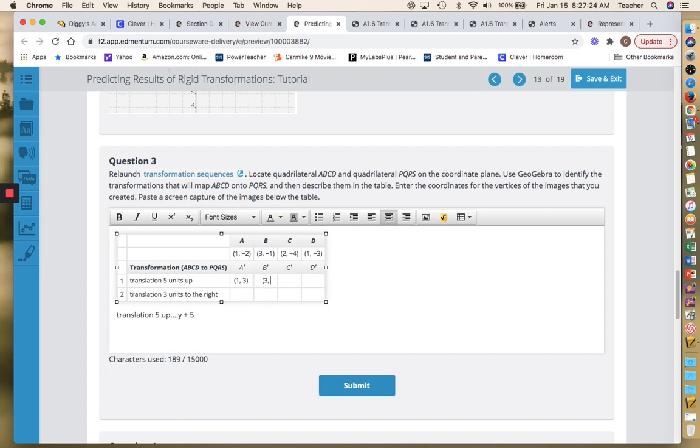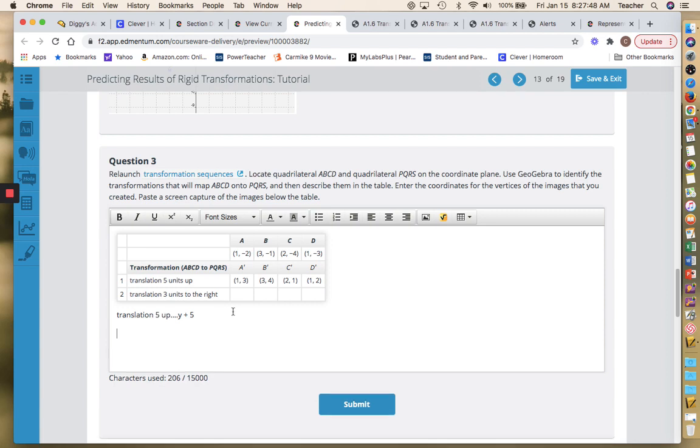The next one, 3 stays the same: -1 plus 5 is 4. This 2 stays the same: -4 plus 5 is 1. 1 stays the same: -3 plus 5, that is a 2.